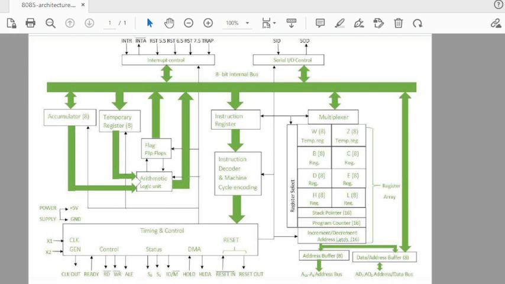This is clock out. Then there is a ready signal. This is an input signal to the microprocessor, which represents that a slow responding peripheral device is ready to receive or transmit the data.